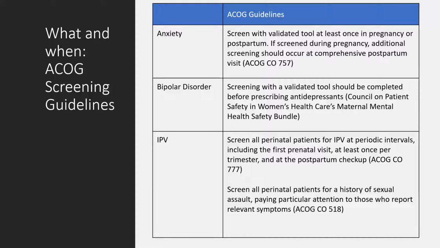So a positive EPDS scale warrants a screen for bipolar disorder, especially if you're considering starting medication, as well as screening for postpartum PTSD for those who have identified a traumatic birth experience at that postpartum check.